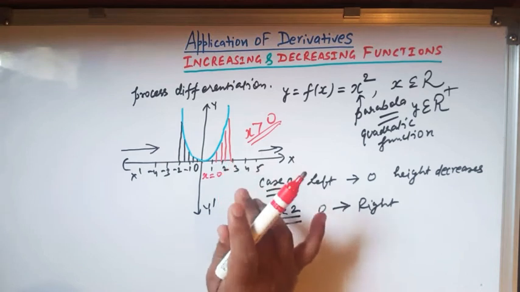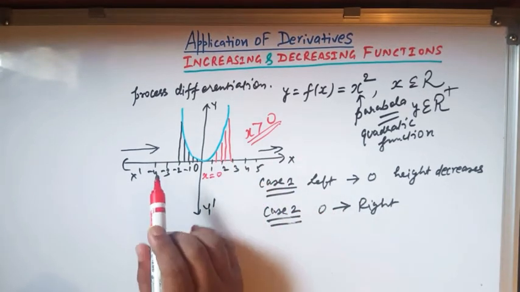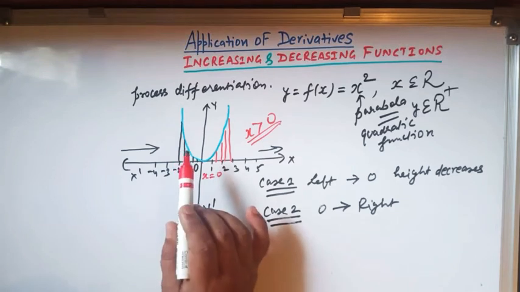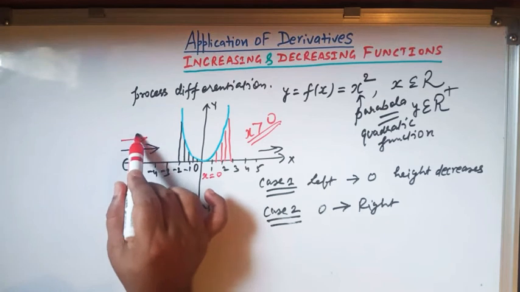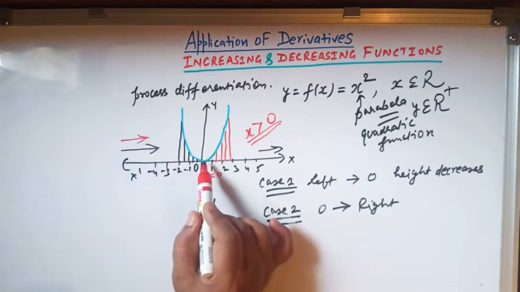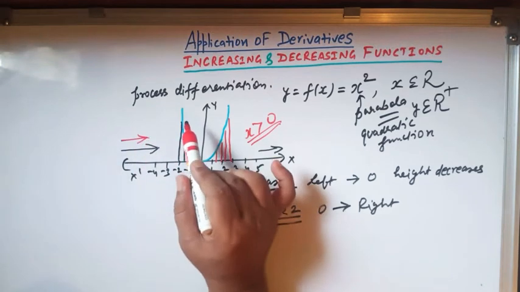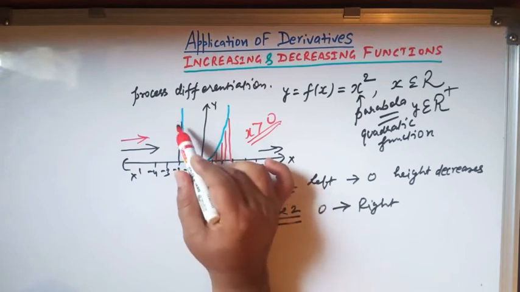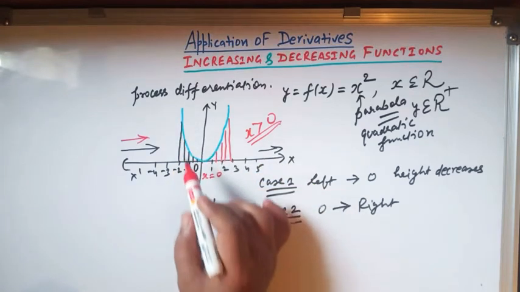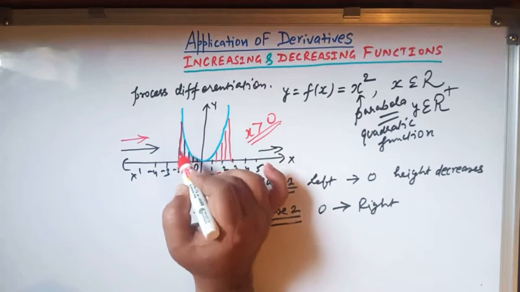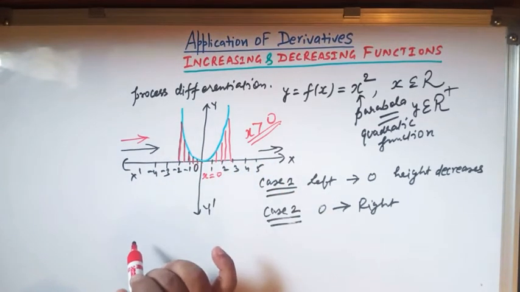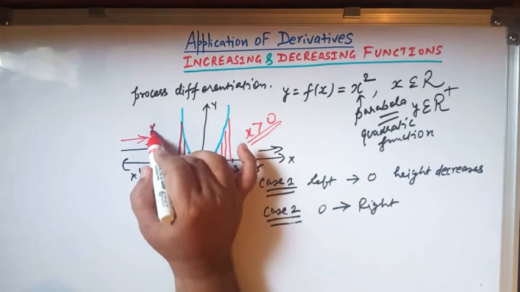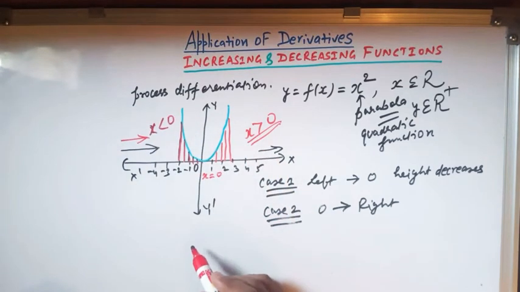Clear? Now similarly, we observe that if we move from left to right, that is from this side towards 0, we see that the height of the graph continuously decreases for x less than 0.